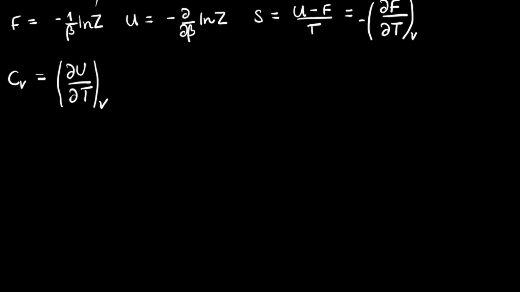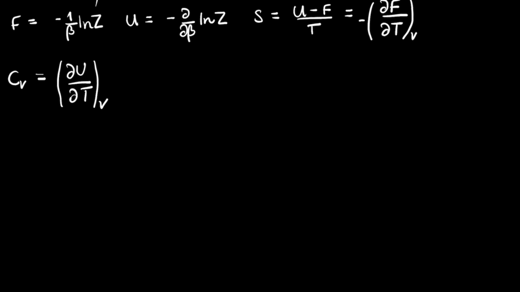It would be helpful to rewrite this expression for the internal energy as a derivative with respect to temperature rather than beta, because beta is just an inverse measure of temperature: the higher beta is, the lower the temperature is. This is fairly straightforward to do.